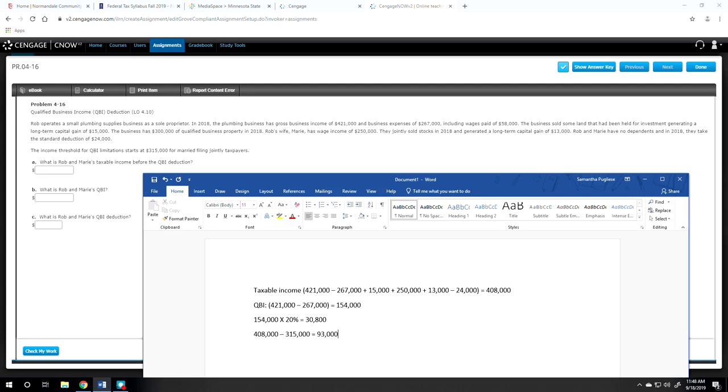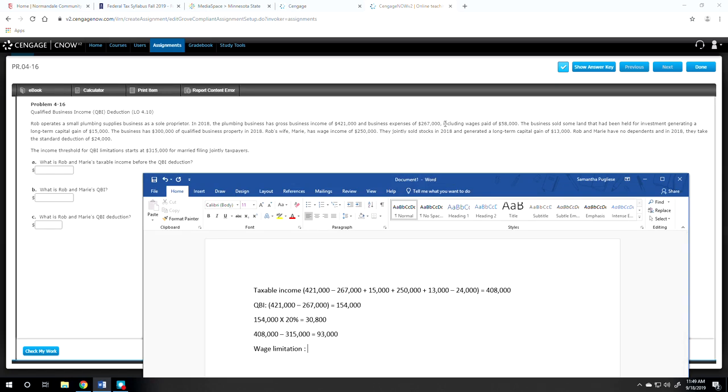The wage limit is the greater of 50% of the allocable share of W-2 wages with respect to the business. So let's figure that out. Wage limitation. Let's figure out what that is.